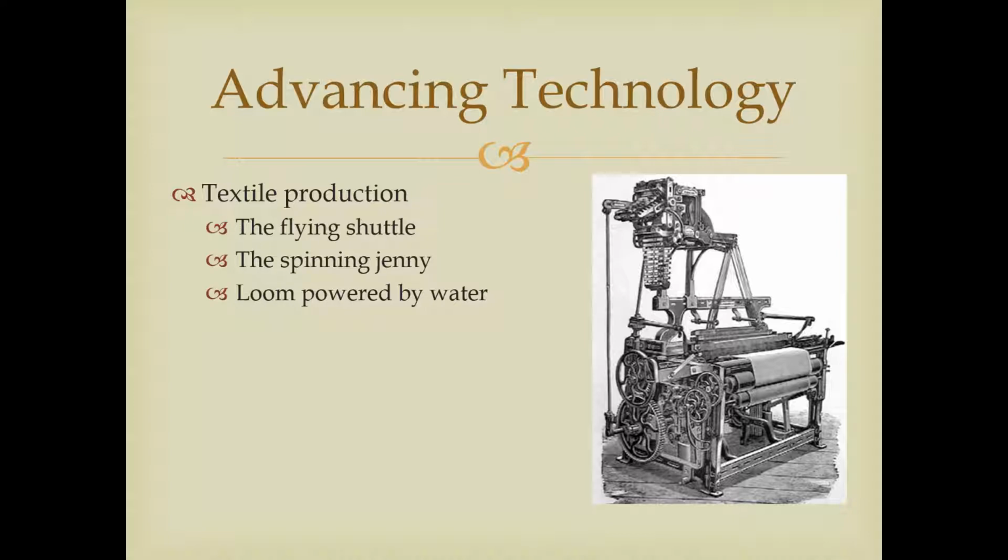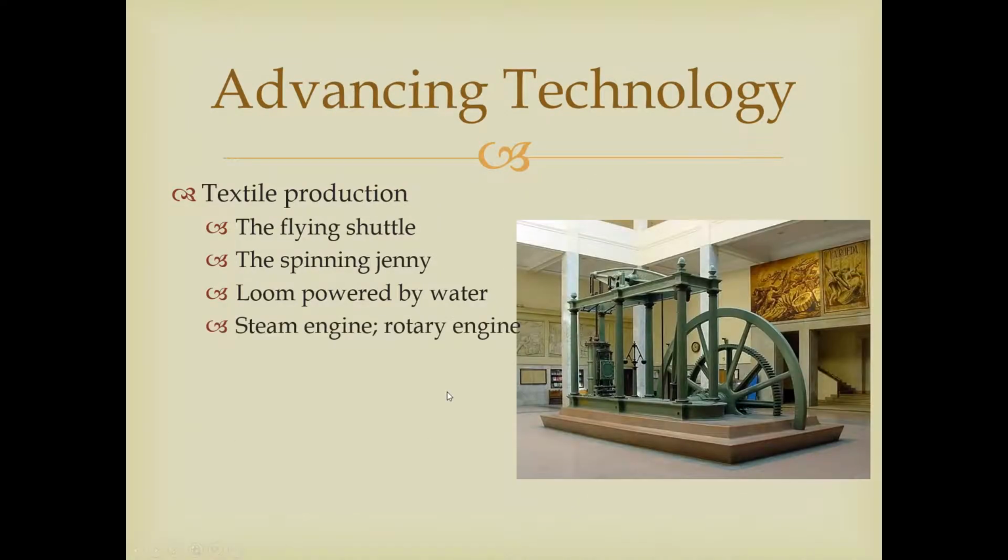So the beginnings of using water and other resources to power these machines, so it's no longer just man powered. You start using water, and then after using water, the next logical step is to begin to use steam and begin to create rotary engines.